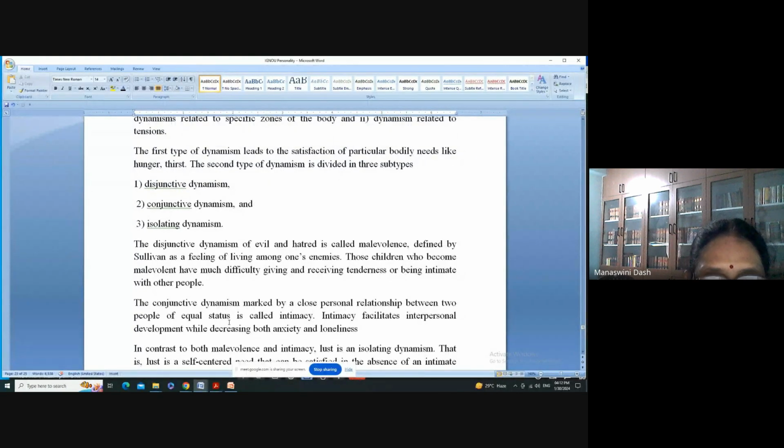A type of negative characteristic is there within the child, called disjunctive dynamism, and these children find it difficult to give and receive love, and they cannot establish intimate relationships with other people.